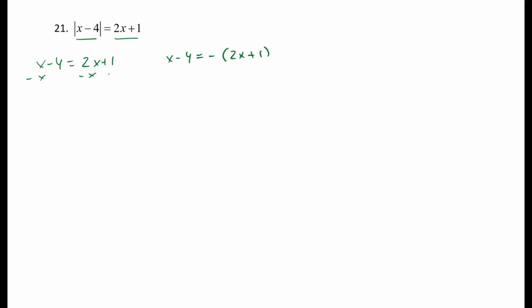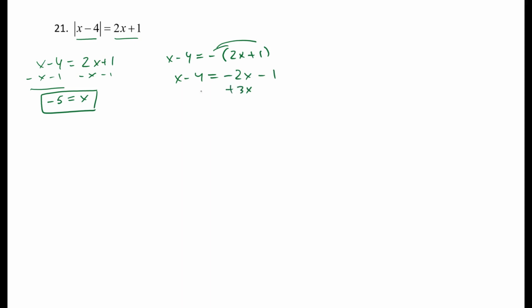Subtract x from both sides, subtract 1 from both sides, get -5 on the left, -1 minus 1 is 0, 2x minus x is just x, and so we'll get x is -5, but we'll need to check that out. And then here we have x minus 4 equals, now I've got to distribute that negative sign, -2x minus 1.